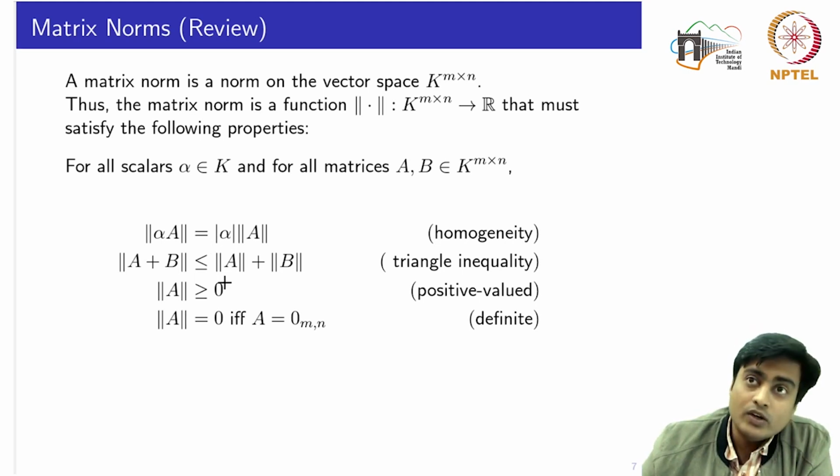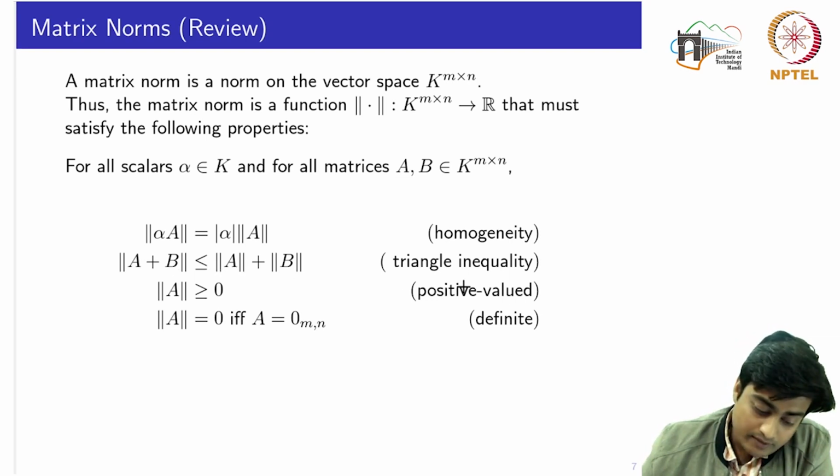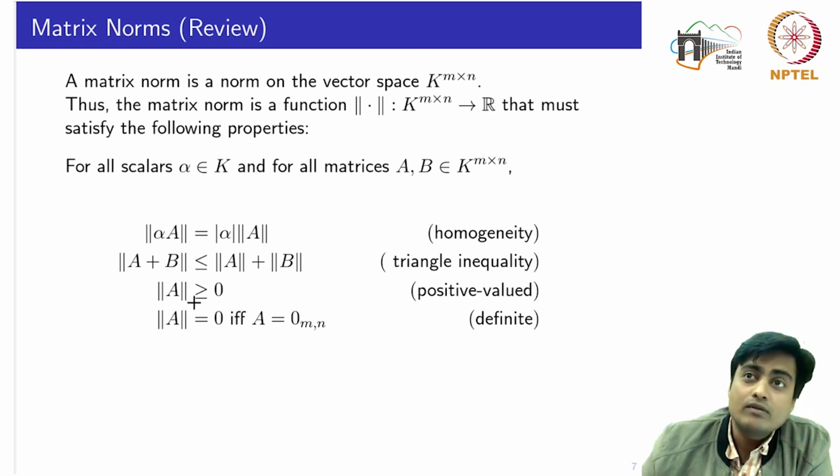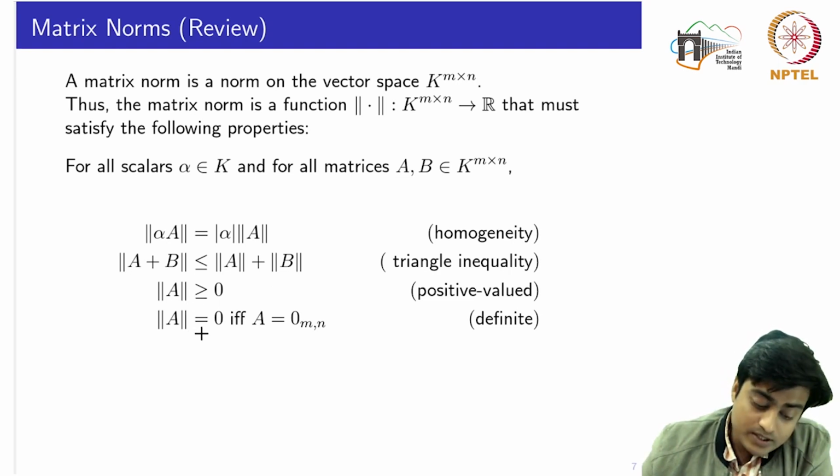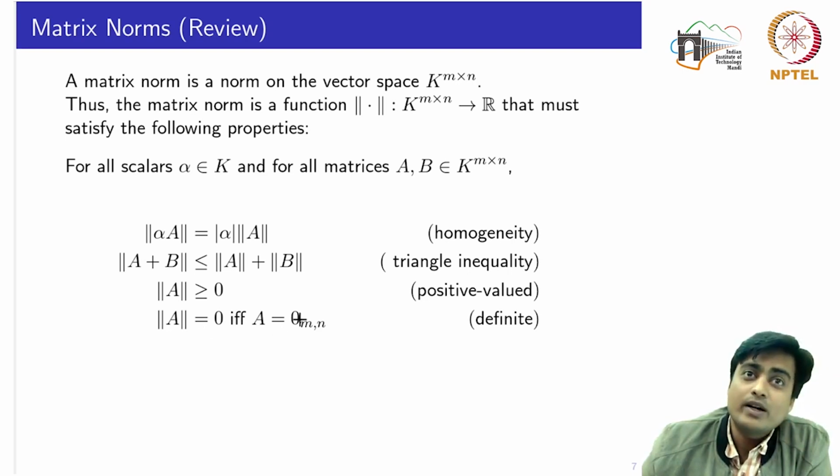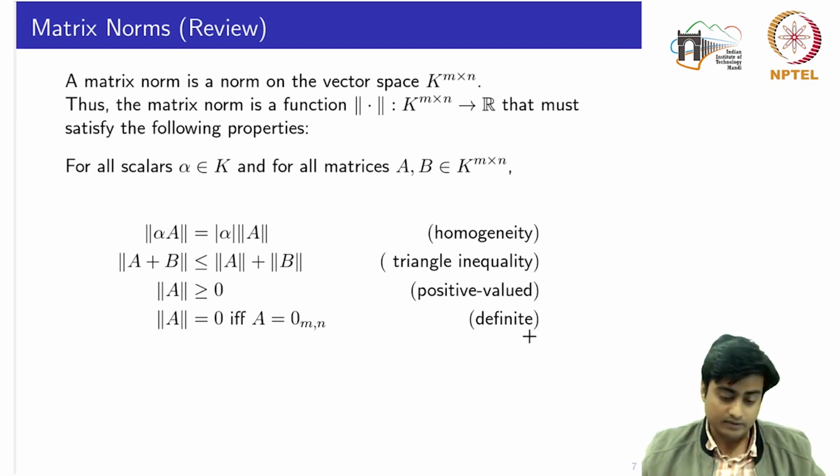Second is the triangular inequality, that the norm of the summation of two matrices is less than or equal to the summation of their individual norms. Third is the positive value, that the norm is always positive or 0, and it would be 0 if and only if the matrix itself is a 0 matrix of the same dimension, which we call the definite.